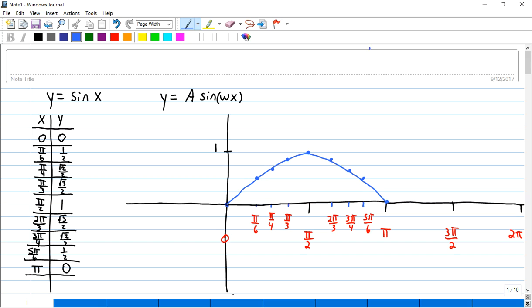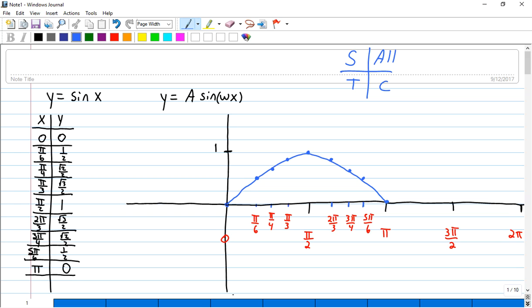And if we think back to where sine is positive, remember, sine is positive in the first and second quadrants. That's why the graph is above the x-axis. In the third and fourth quadrants, those values are negative for sine. So that means we'll have negative y values to take us down.